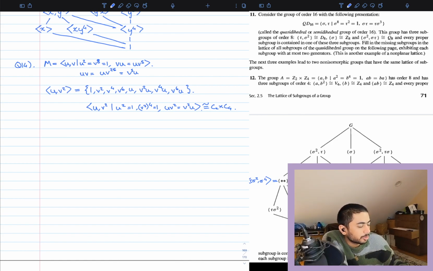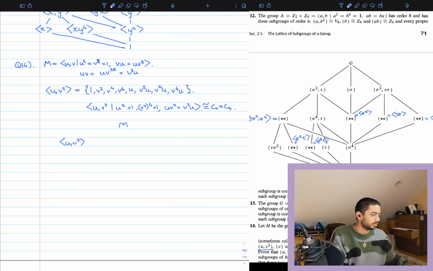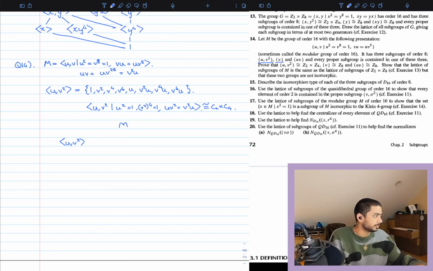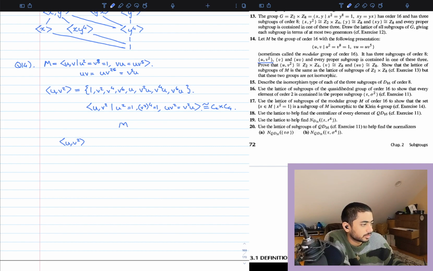Okay, so if we now try writing out M's lattice structure, here's M. Inside it, we've got the group generated by U and V squared. What else did the question say we have? We have the group generated by V, which is cyclic, which makes sense because V is an order 8 element.